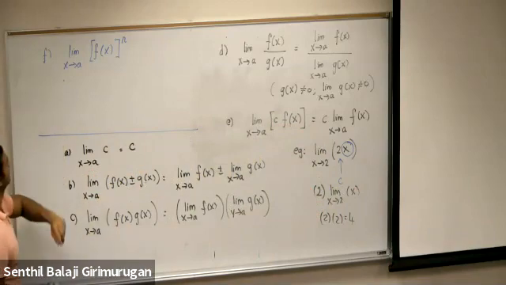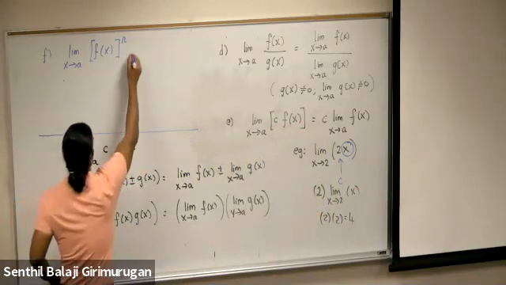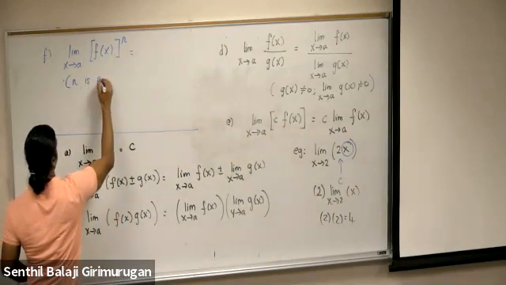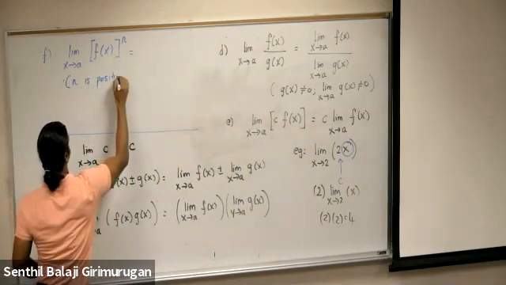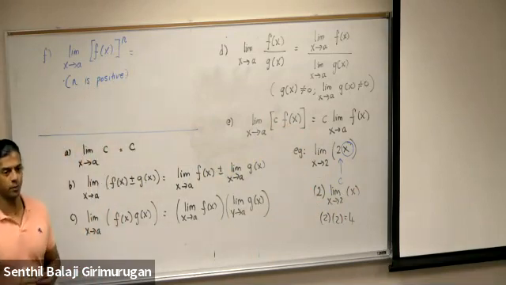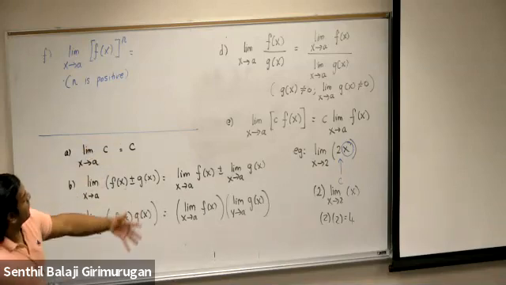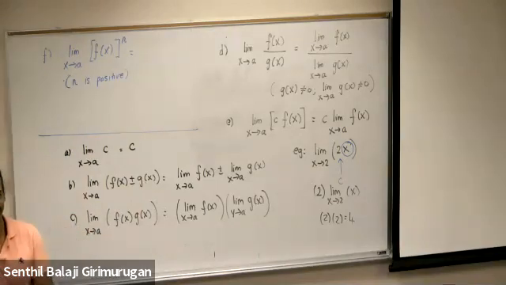So put this down. If n is positive, any thoughts as to what we can do here? Not in fraction. Like using all the things that we did so far.